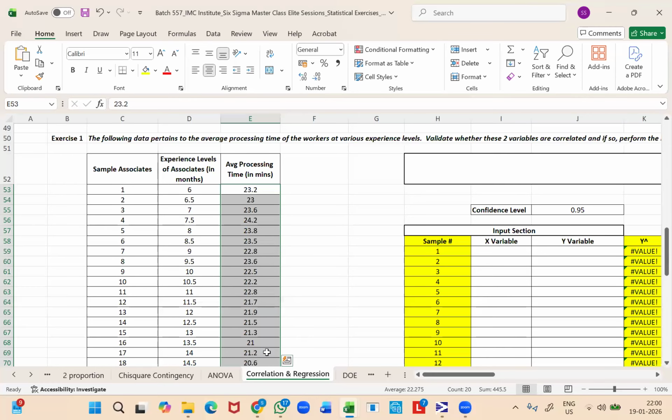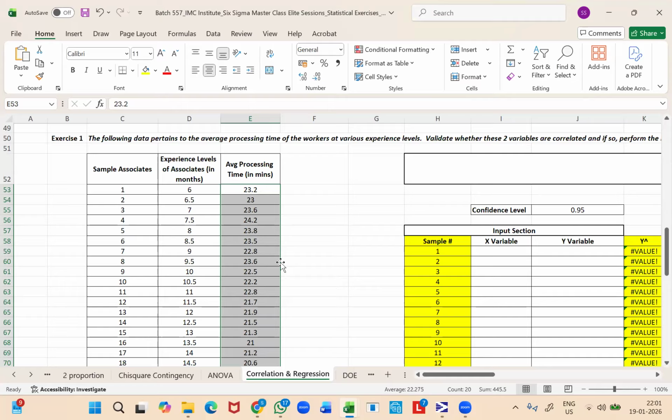So it indicates that 90% of the total variation in this average processing time data set has been explained by this X variable, which is the experience levels of the associates.